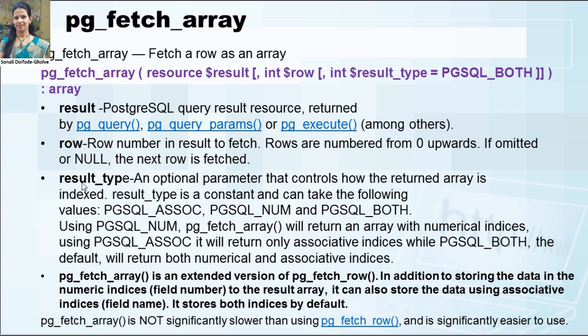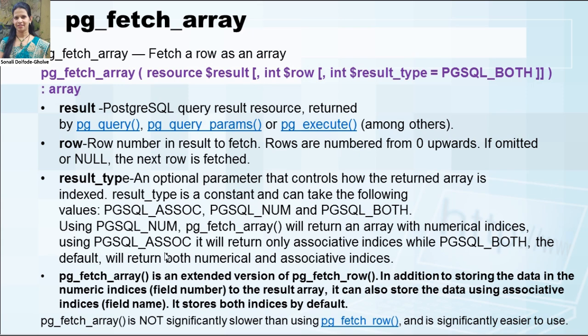Result type. Okay, here write the result type. An optional parameter that controls how the returned array is indexed. Okay, and that result type is a constant and can take the following values. Which values? PGSQL_ASSOC, PGSQL_NUM, PGSQL_BOTH. Okay, when PGSQL_NUM, pg_fetch_array will return an array with a numerical index.